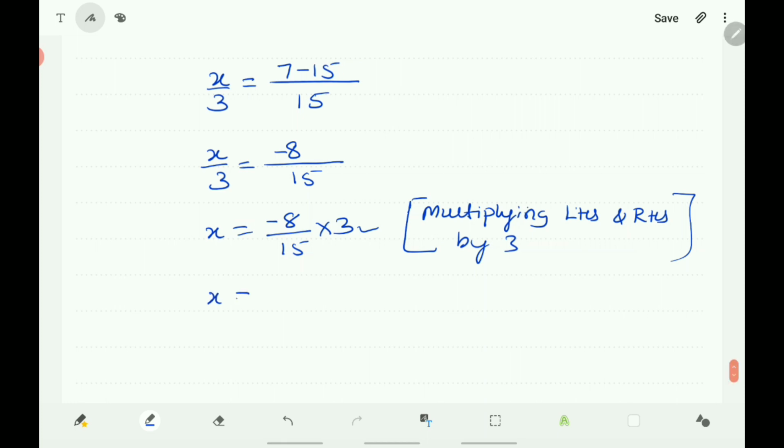That is x is equals to, 3 ones are 3, 3 5s are 15, so it becomes minus 8 into 1 by 5. It becomes x is equals to minus 8 by 5. In this way, by transposing or by dividing or by multiplying on both the sides, you will get the solution of the linear equation with one variable.